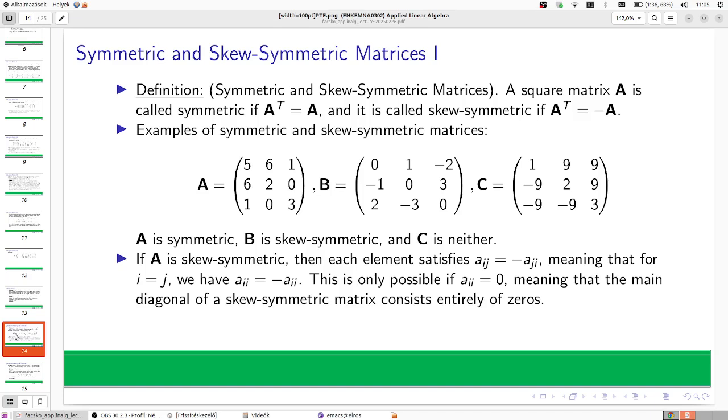So this subject is something I often repeat from elementary linear algebra. The reason is that I don't know what you remember about elementary algebra. And the other thing is that there is some overlap in the syllabus.